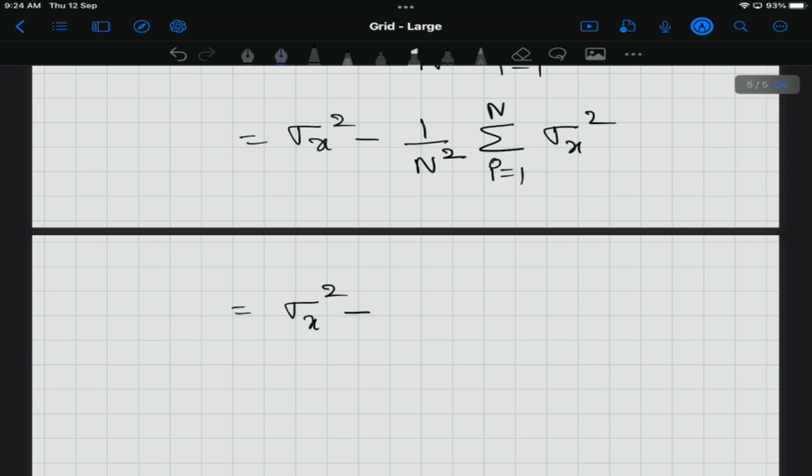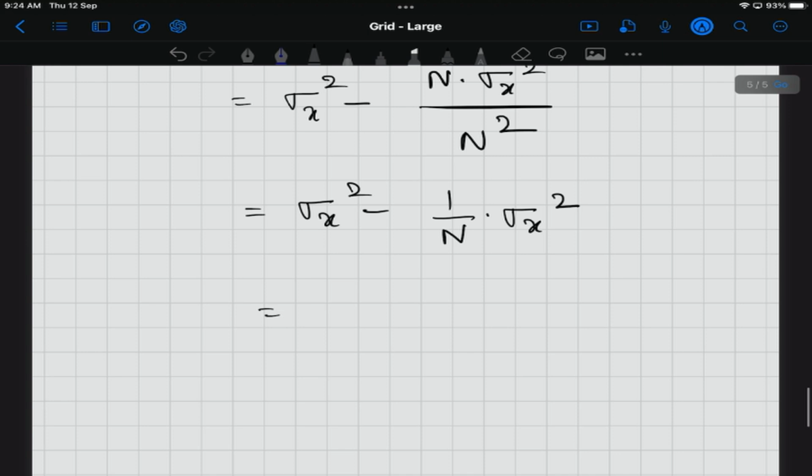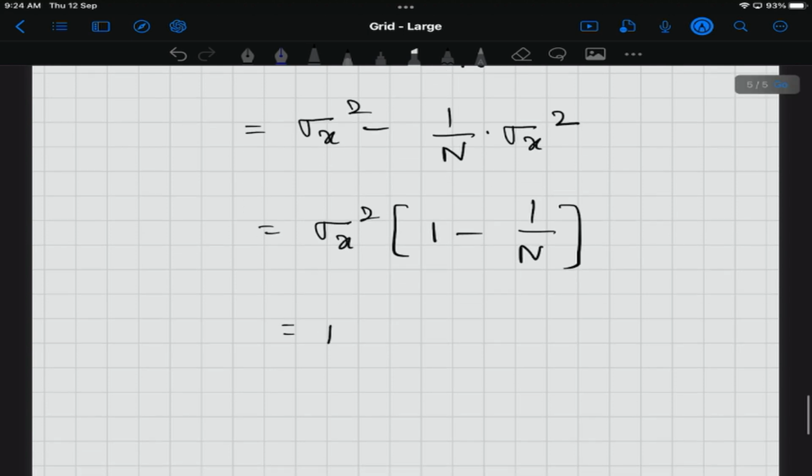Here the summation is again independent, so you can write it as n into sigma x square by n square, and this becomes sigma x square minus 1 by n into sigma x square. You can take this out: this becomes 1 minus 1 by n, which is sigma x square into n minus 1 by n.